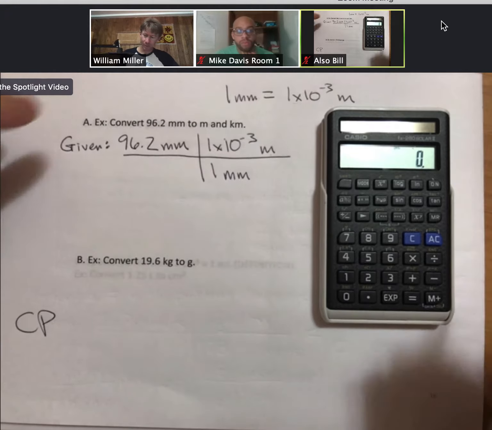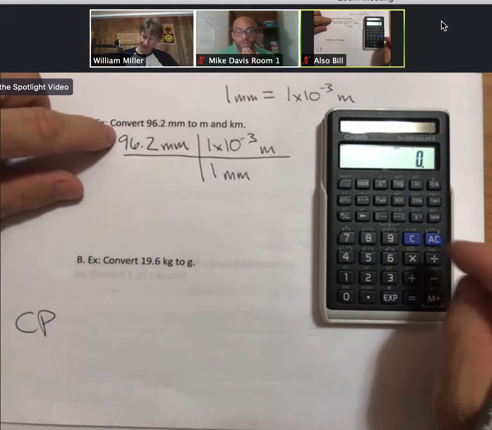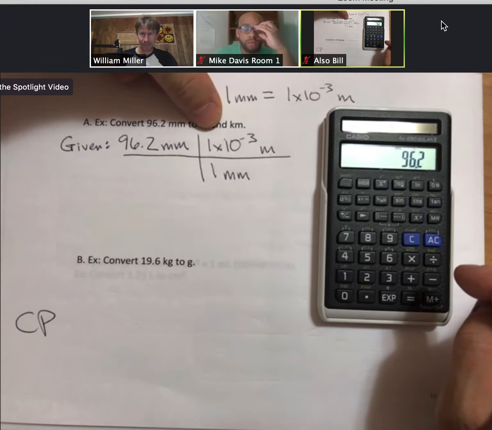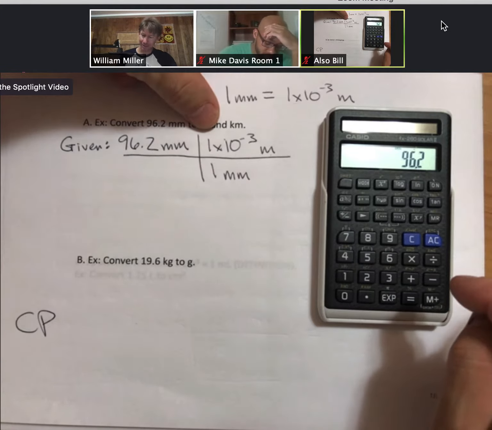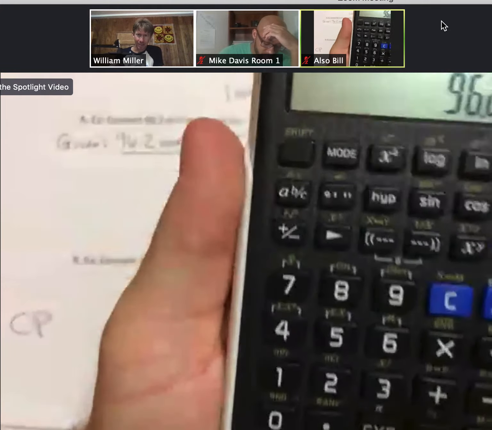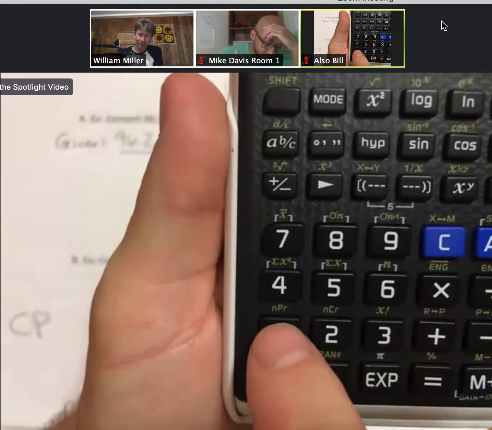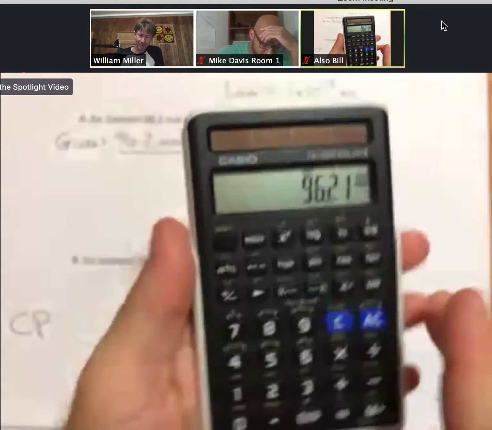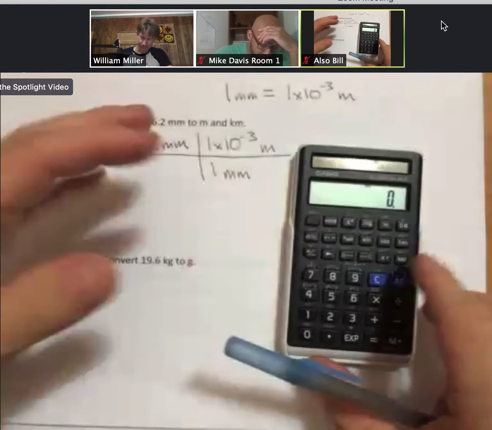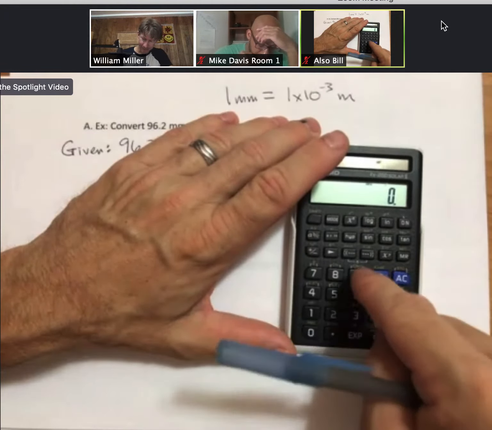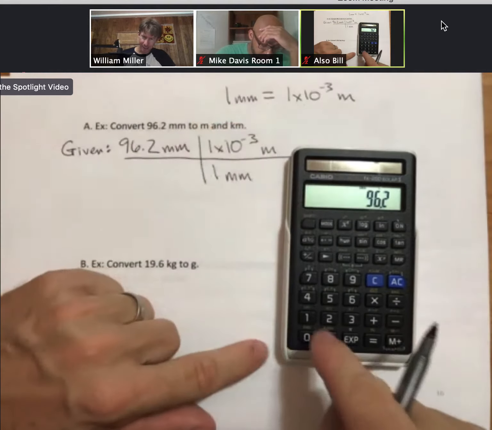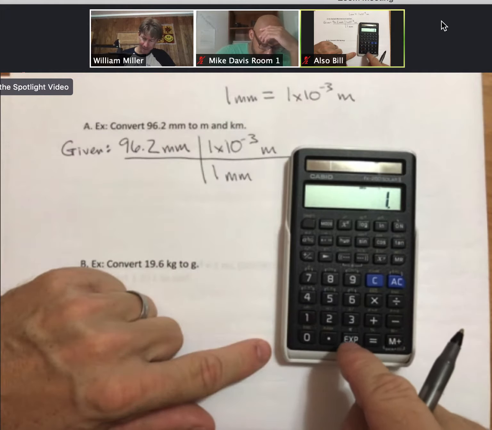Okay, so you have to know how to use your calculator. So 96.2, that's no problem. Now I need to multiply times 1 times 10 to the minus third. On my calculator, first I do the times button, then I enter 1, exponent.